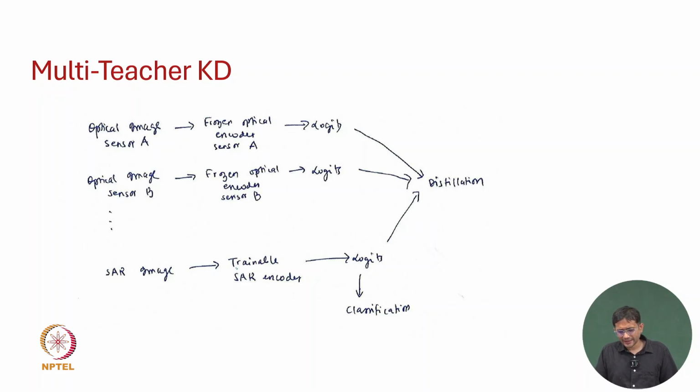So with some modifications, we can also design the distillation in such a way that it happens between the target sensor type and not just one but multiple of them. This possibility is also there.